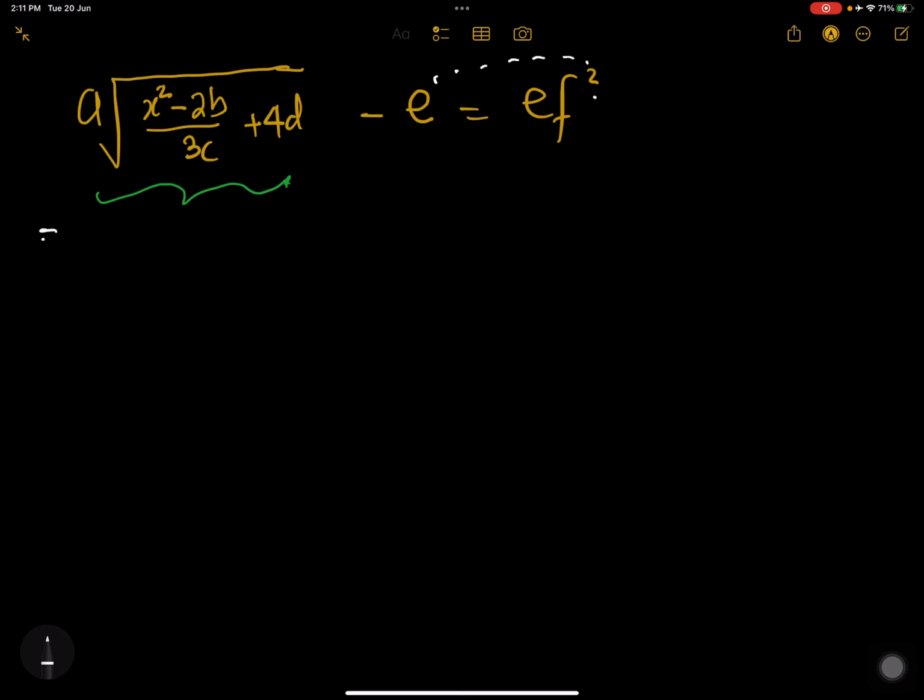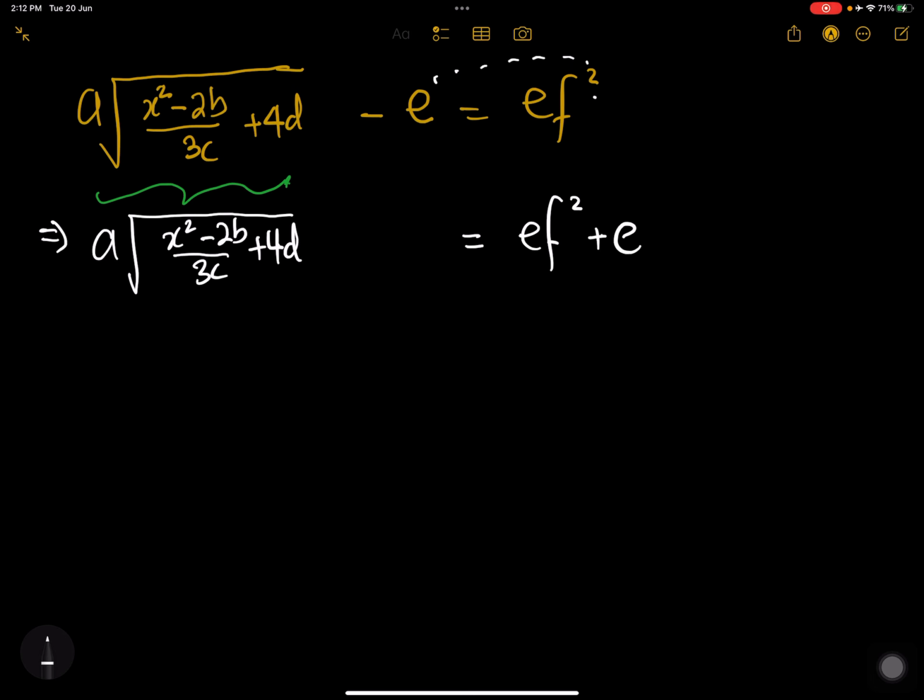So we can have a multiplied by the square root of (x squared minus 2b) divided by (3c plus 4d), and then the equal to sign is going to be here. You have our ef squared, and then the plus e is going to be here. Why? Because this minus e is crossing the equal to sign, and then the sign will have to change. The sign changes. All right, so don't forget that.